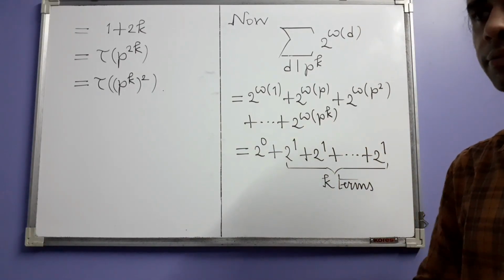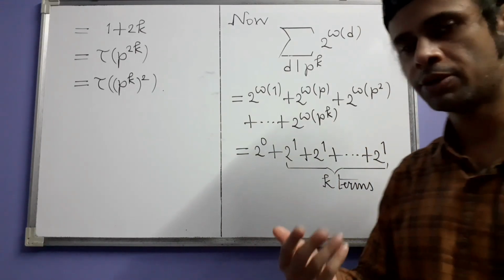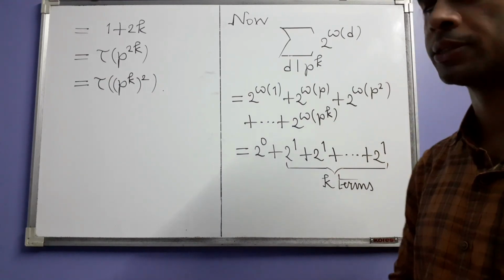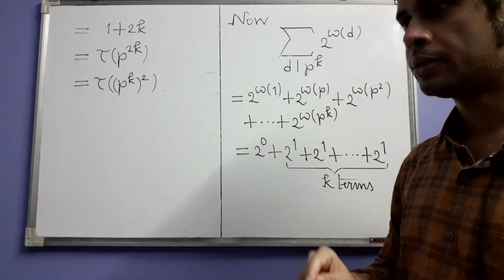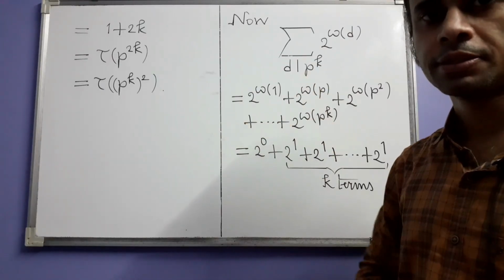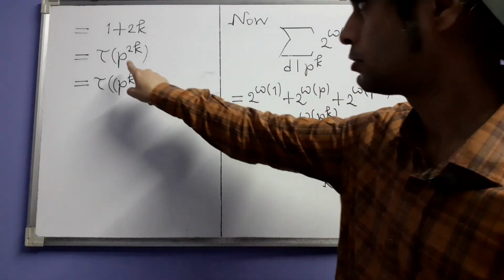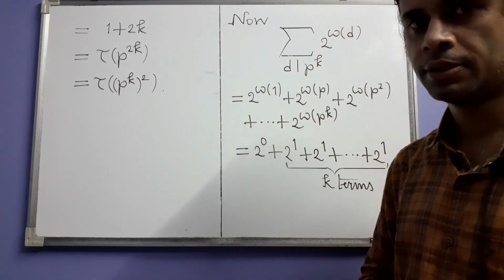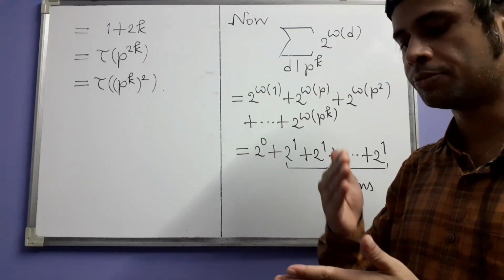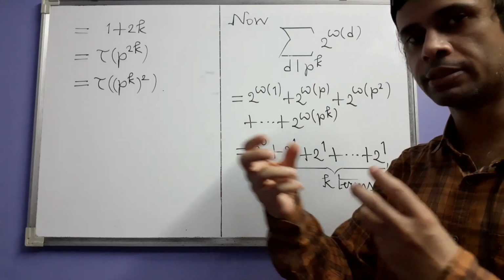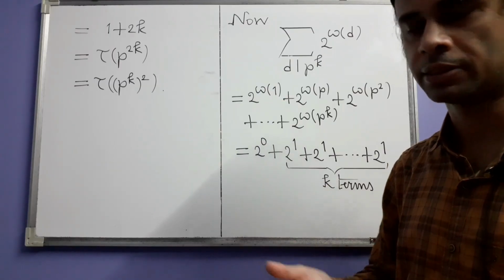Why? You recall the formula that we derived for the tau function. The number p to the power 2k has this itself as its prime factorization, in which only one prime is involved. So what do you do? When you have a general prime factorization, you add 1 to each exponent and then you take the product of those numbers.